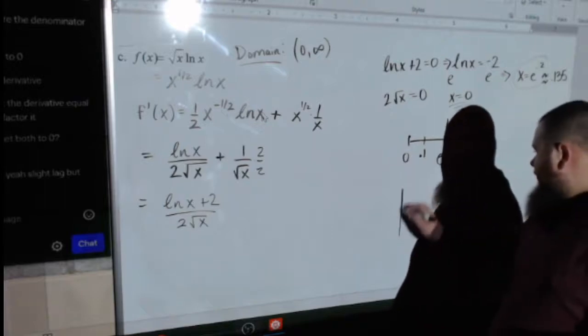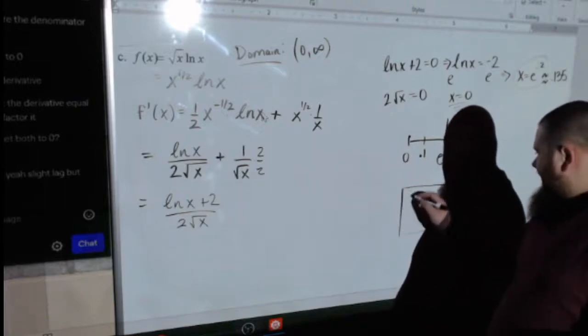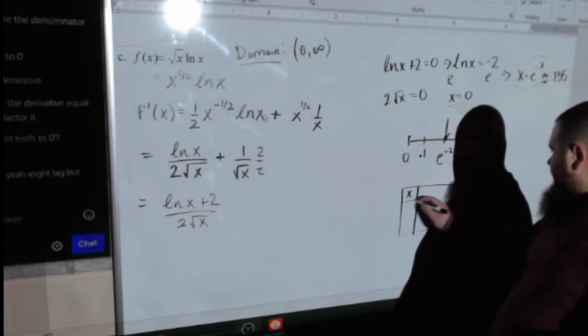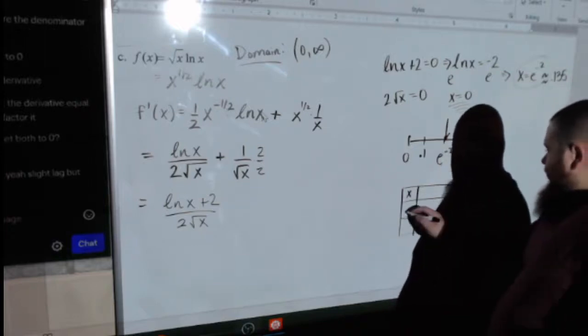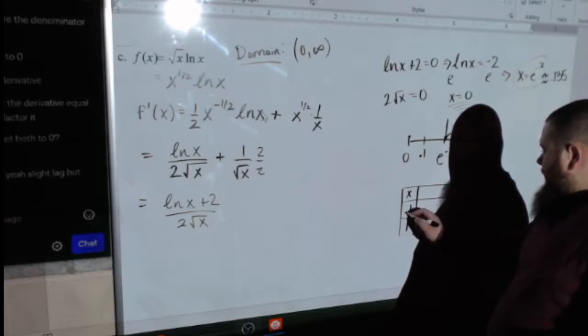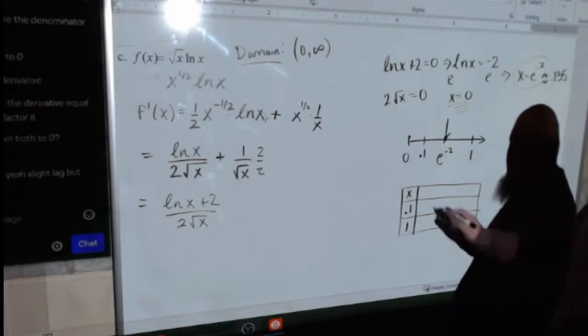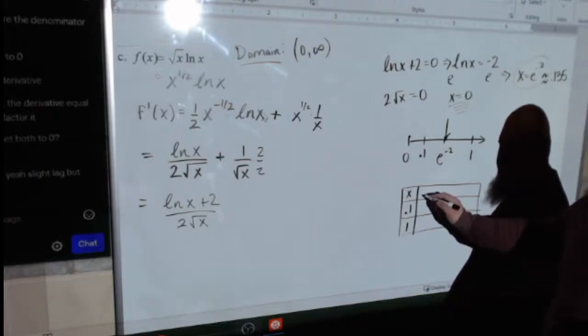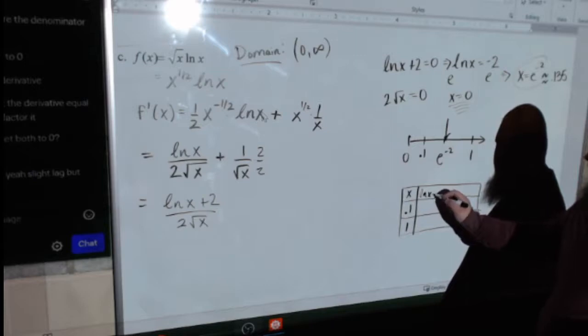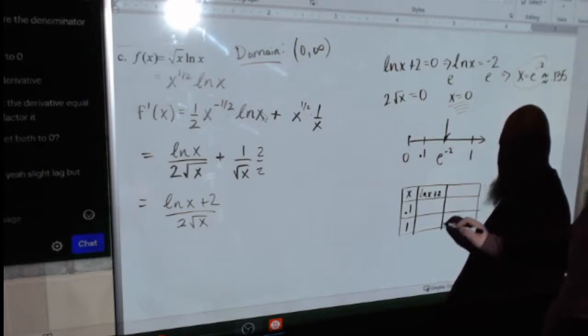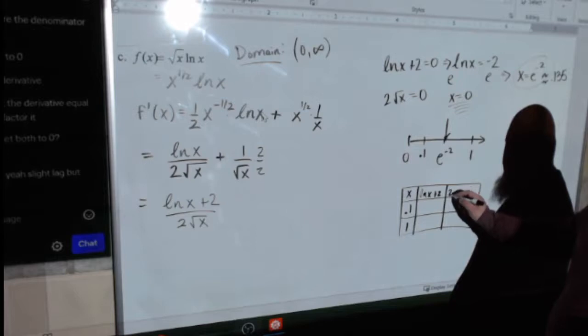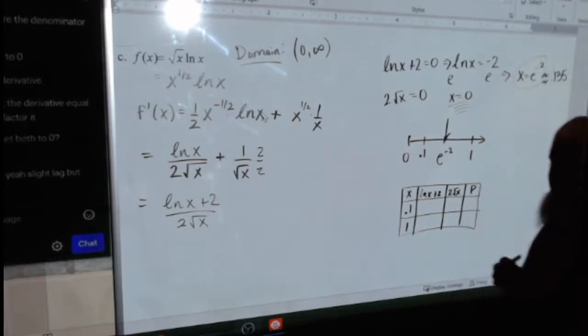Make up my little chart. I've only got 2 test values this time. Those are 0.1 and 1. Then my derivative on top is natural log of x plus 2. The bottom is 2 root x. And I'll just write p here for product.